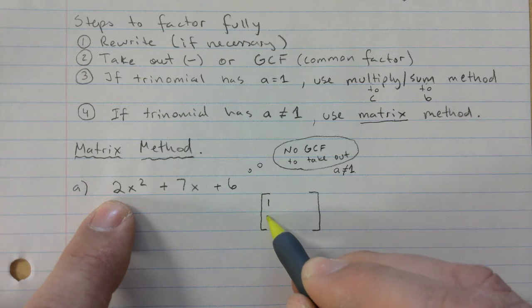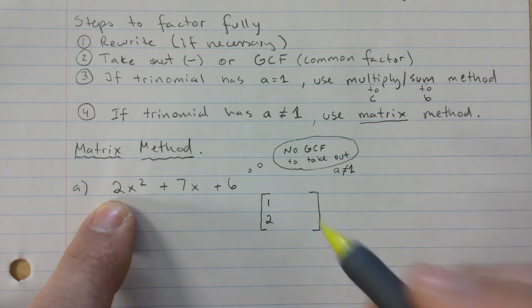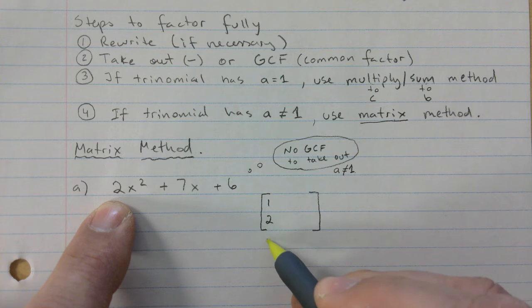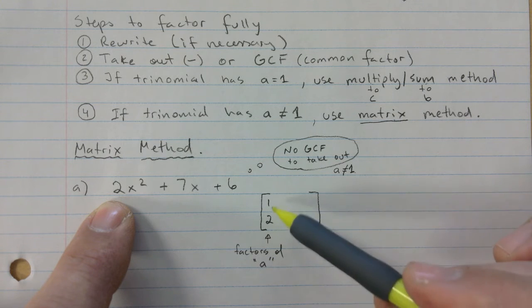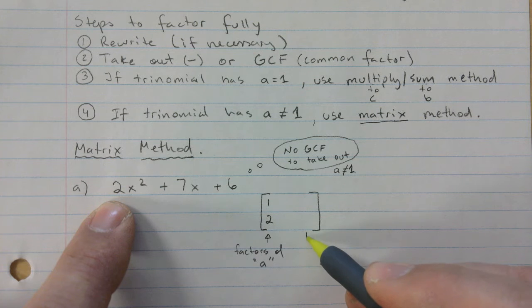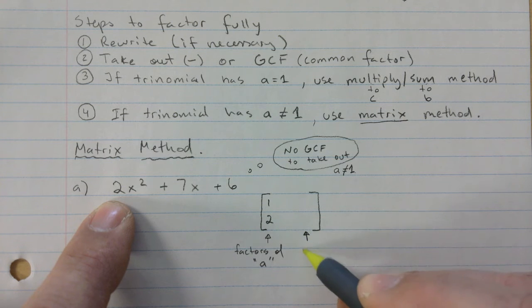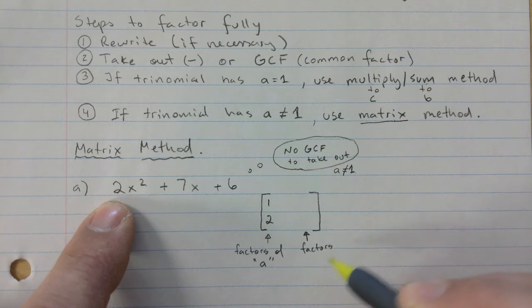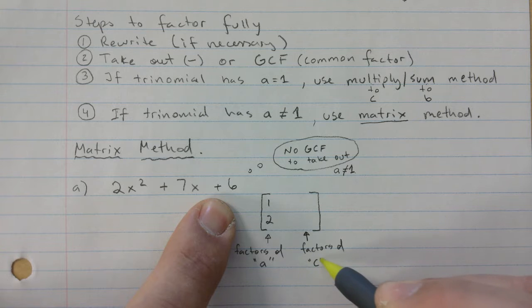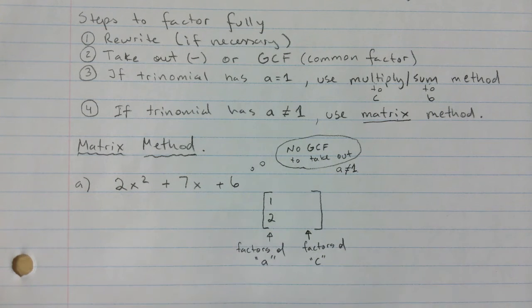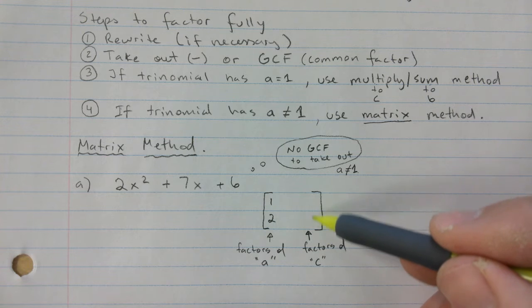And so we go 1 times 2, like this. So these ones here are factors of a. You put the factors of a first. And then here, you put in the factors of c.